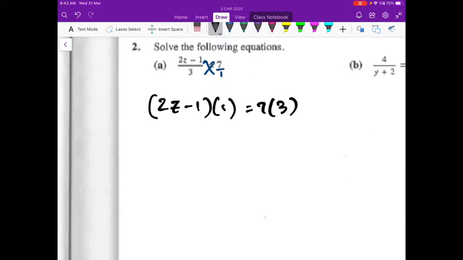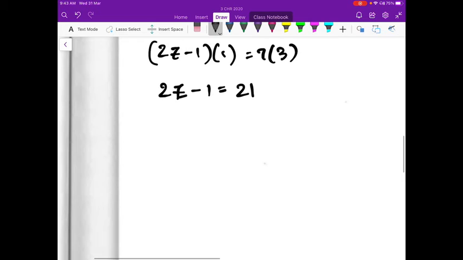So I expand. Multiply by 1 is the same thing. 2z minus 1 equals 21. Now I need to remove the minus 1 by adding 1 on both sides. 2z equals 22. So z equals 11.